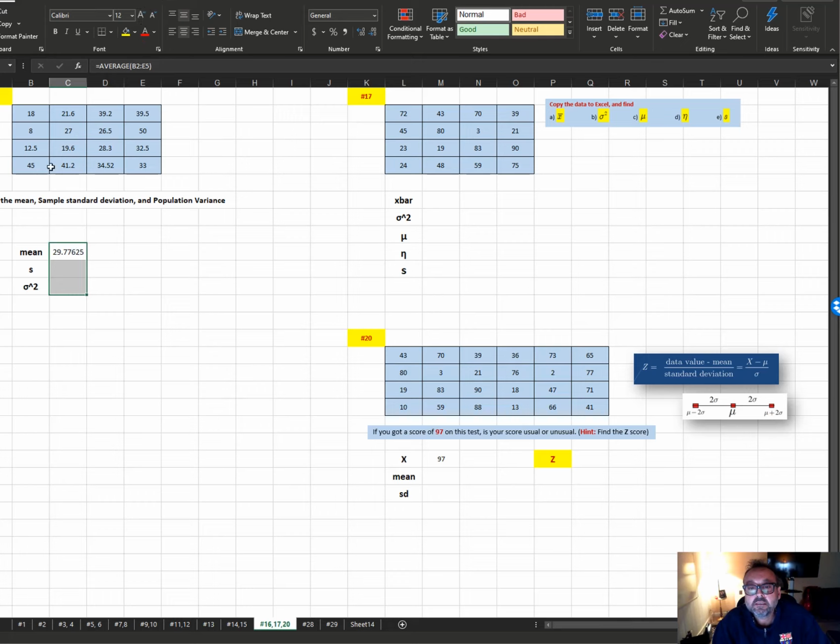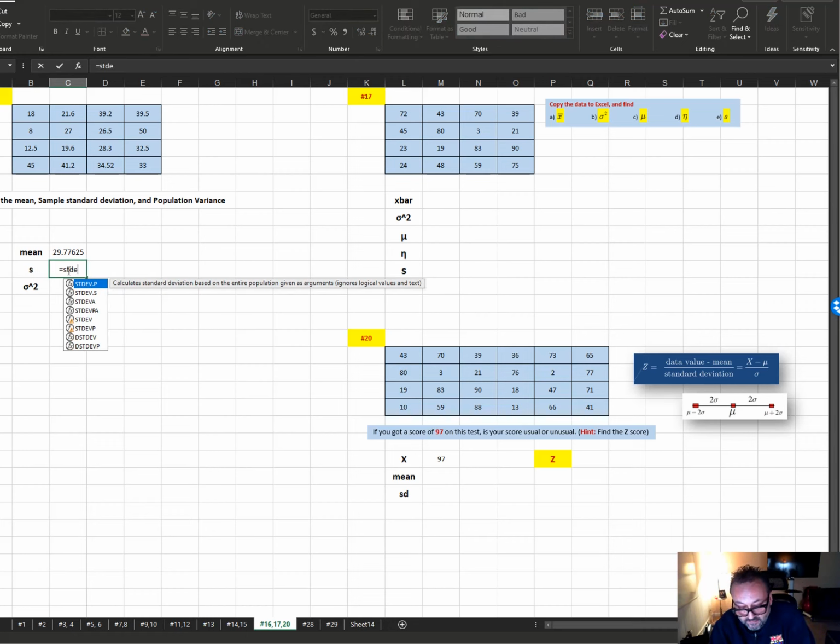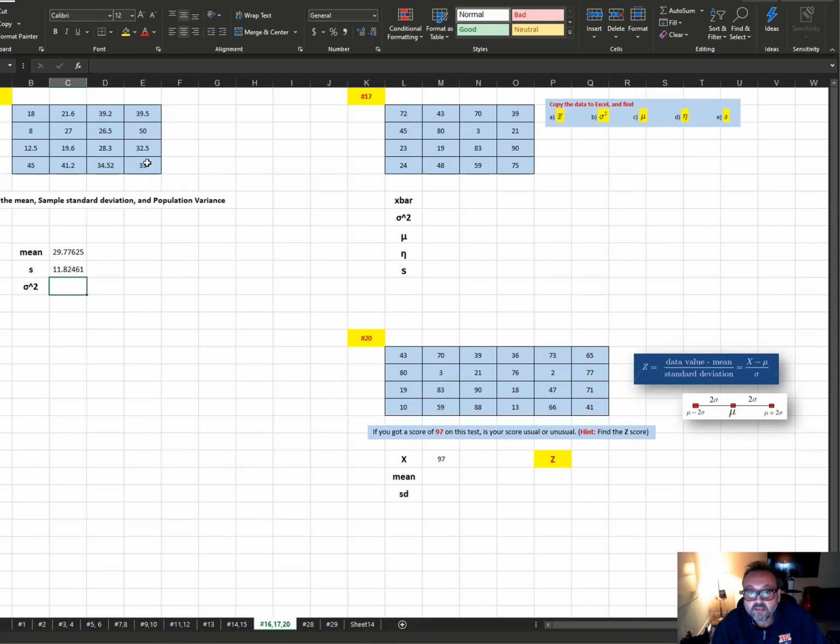Alright, so let's find the next one, sample standard deviation. Sample standard deviation is labeled as S. Population standard deviation would have been sigma. So for sample standard deviation, I type stdev for the standard deviation command, and it's a sample, so I use .s for sample. I select the values, press enter, and that's the sample standard deviation.